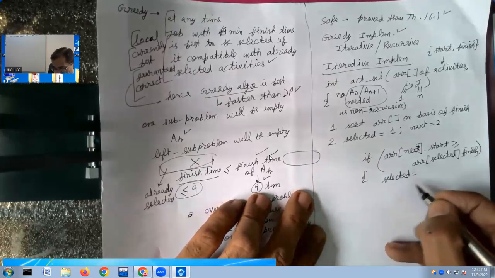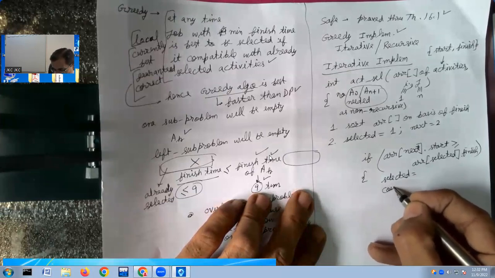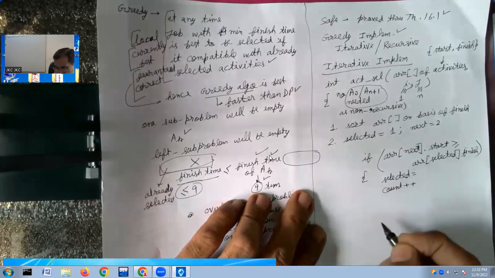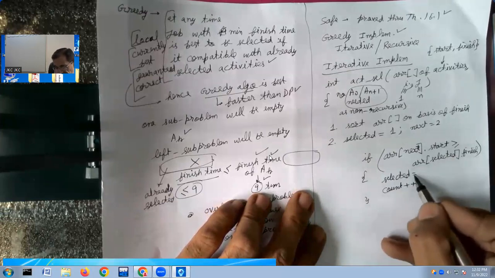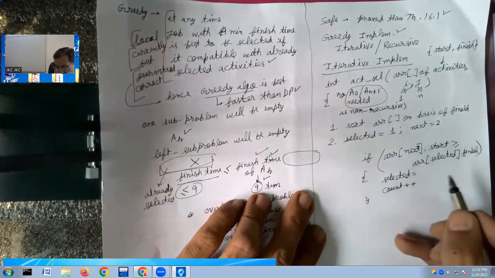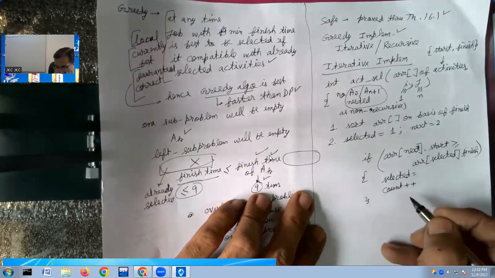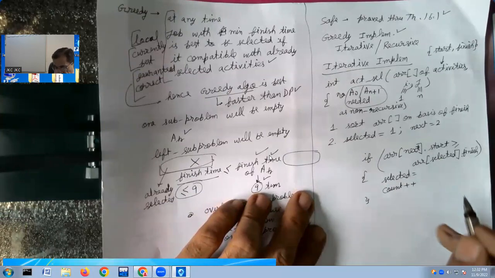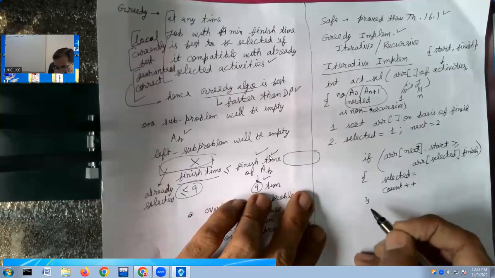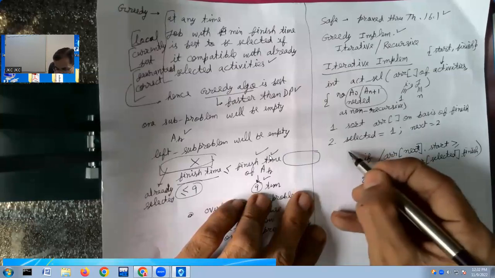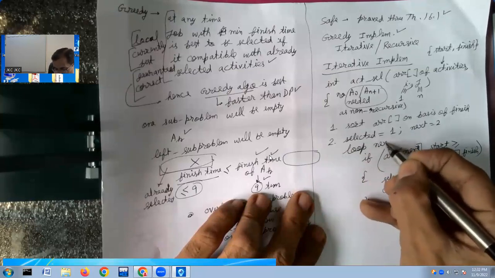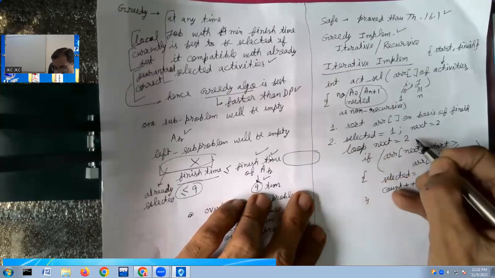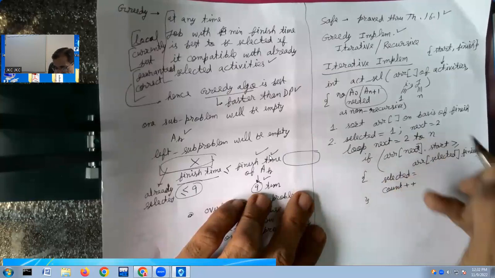So selected will be changing. My counter can change accordingly. If selected, obviously selected changed, and next will be accordingly there. If not, it means this job is not to be selected, and selected will continue. That means now I will need a loop outside for next to change. So next will be starting from 2 and going up to n.